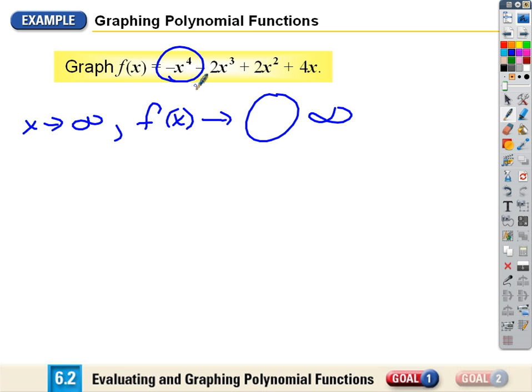If I look at that first term, I've got a negative 1 times x to the 4th. So as x approaches positive infinity, my signs are going to be negative times a positive number to the 4th, which is positive. What is that? Negative.